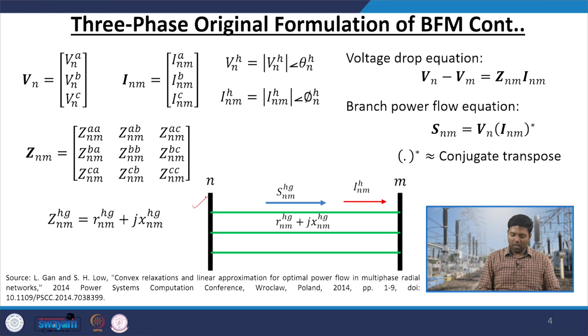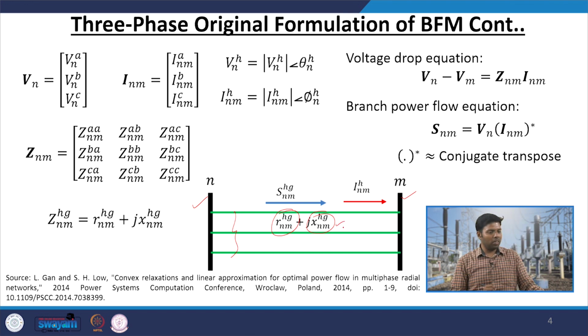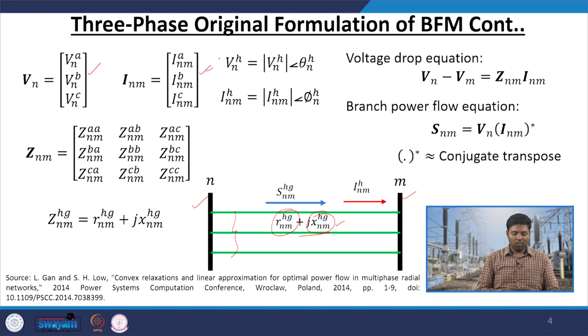Let us say this is your bus N, this is bus M, connected with 3 phases. You have impedance. Previously, we dealt with admittance. In the BFM, we need not calculate the admittance matrix, we will directly do the analysis with the impedance values or the impedance matrix. So, this is your impedance, with mutual impedance values. Voltage at bus N will be a 3 phase voltage, and the current flowing through the 3 lines are 3 quantities for 3 phases.